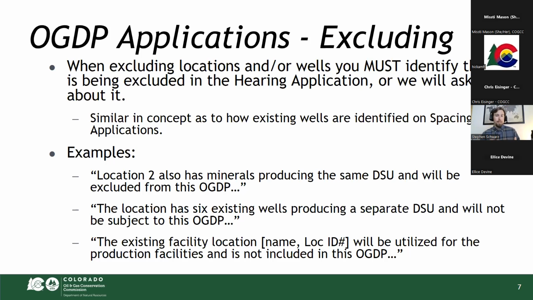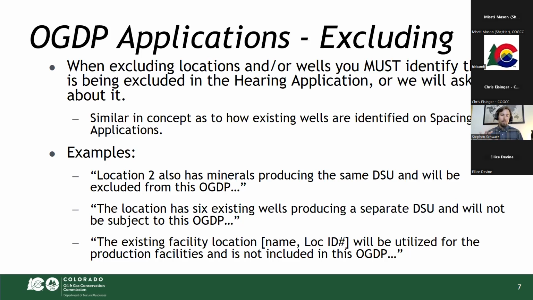Some examples of what this text would look like: you're submitting an OGDP hearing application for Location 1. Location 2 also has minerals producing the same DSU and will be excluded from the OGDP. This is an example where it's producing the same minerals in the same DSU. Location has 6 existing wells producing a separate DSU and will not be subject to this OGDP.